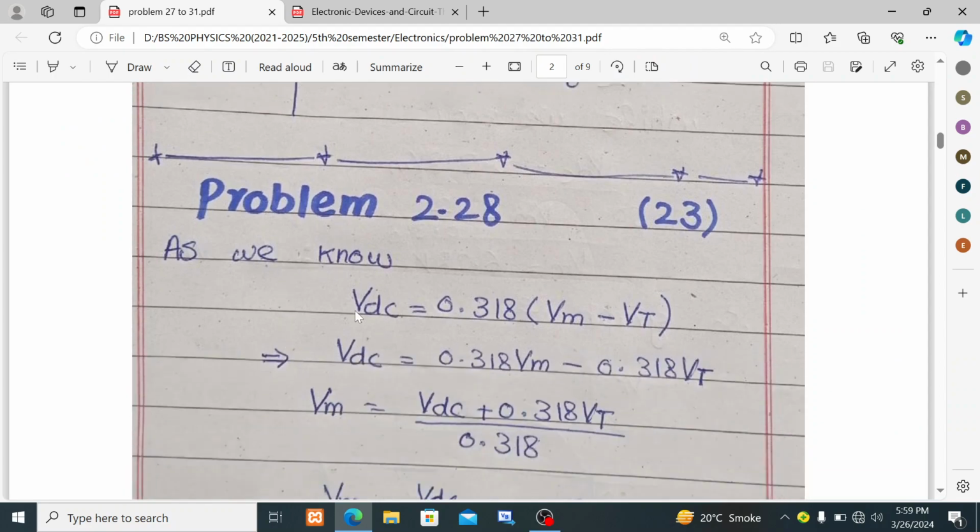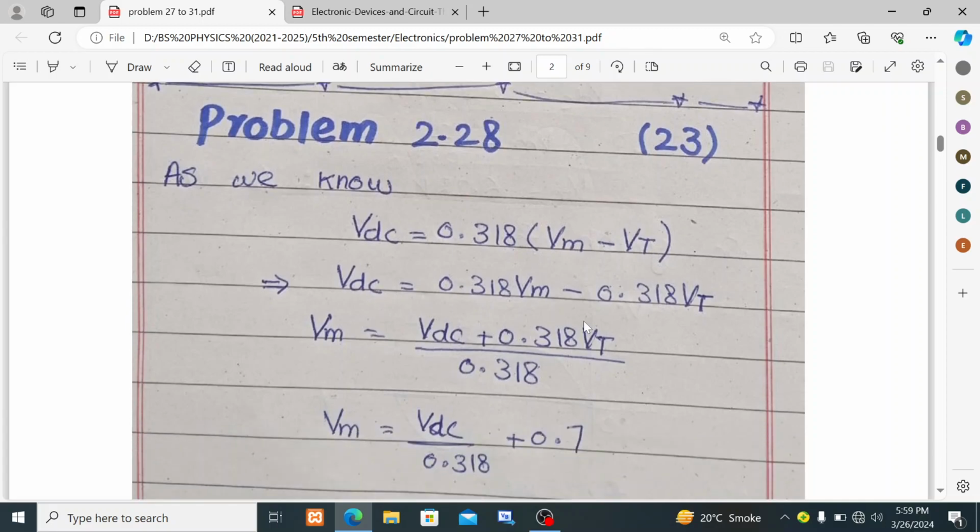So first we find VDC. VDC for an ideal diode is different from this diode. So VDC is equal to 0.318 into Vm minus Vt. Vt is the terminal voltage of the diode, that is 0.7.